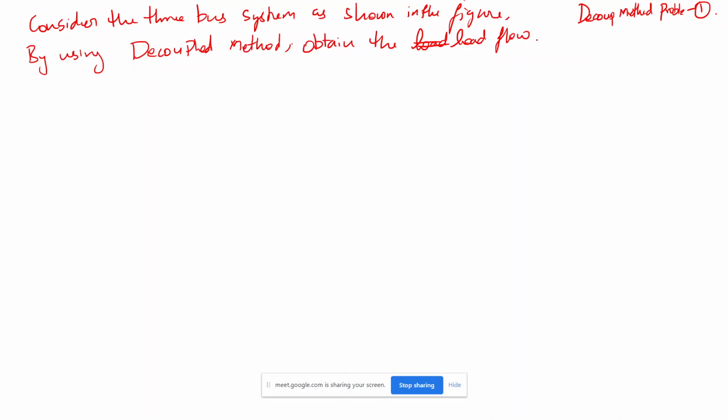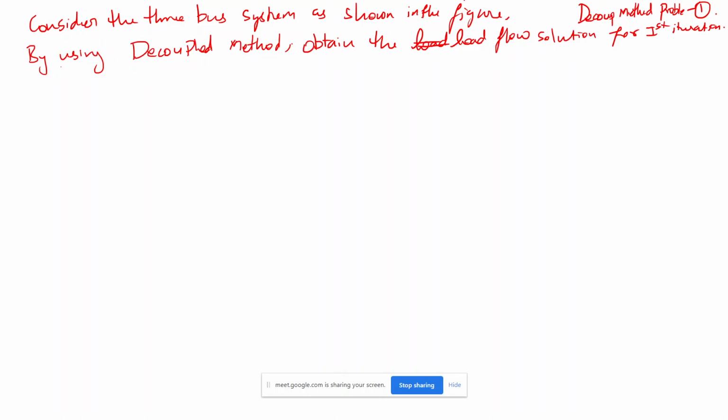Load flow solutions for first iteration. So up to first iteration we need to find out the load flow solutions for the given system.